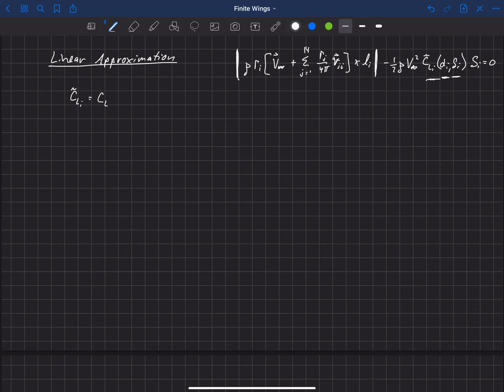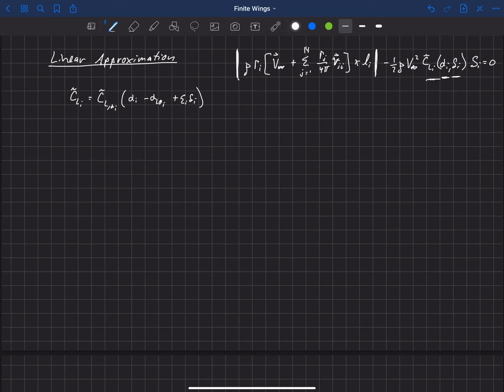So let's say that CL comma alpha, and that lift slope can be different for each section along the wing, so we're still going to subscript it with I here. This is the lift slope at that particular wing section. And it would be multiplied by the local angle of attack minus the zero lift angle of attack at that location, plus epsilon I times delta I. Epsilon I is an efficiency of the flap, and then delta I would be the flap deflection. Okay, so we're going to say that the lift is linear with each of those.